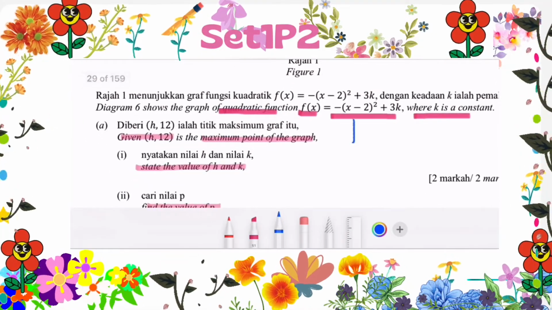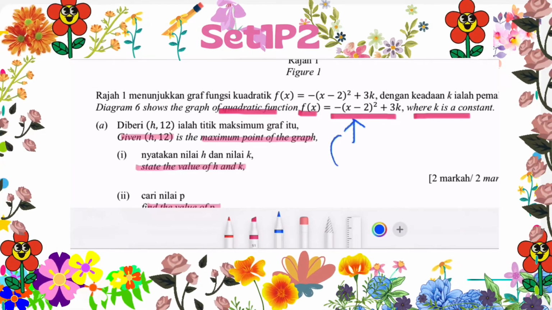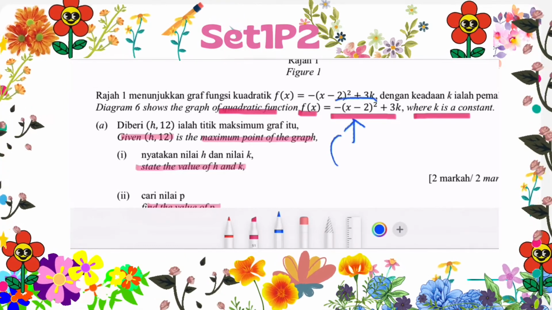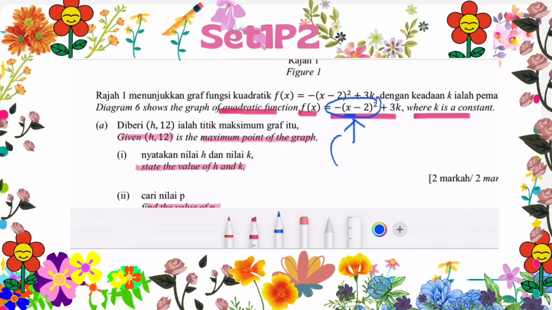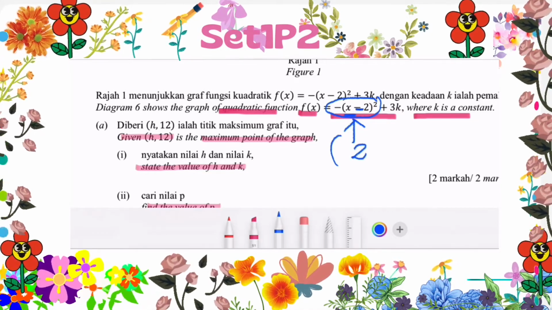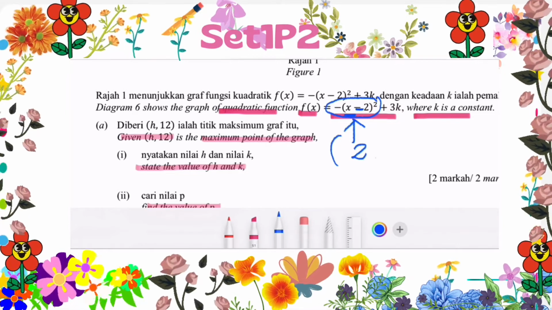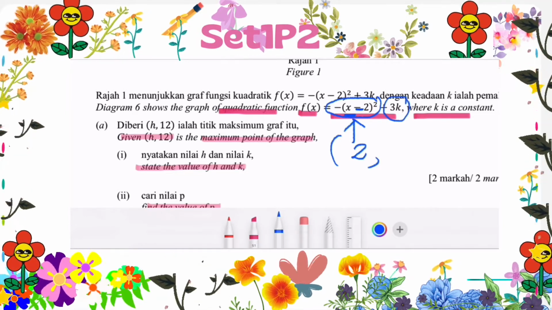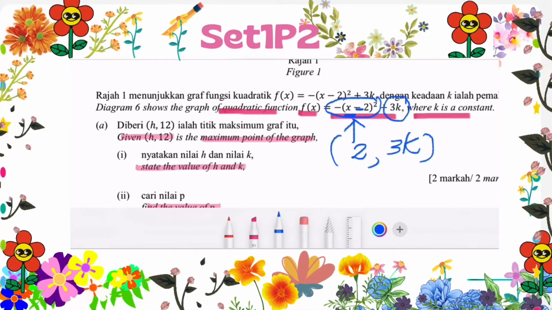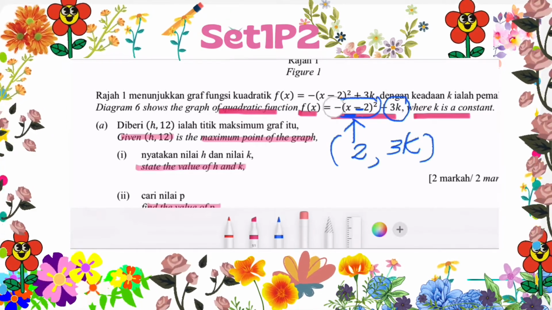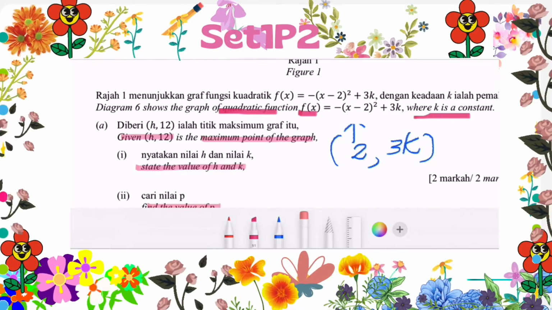Basically, when you see this one is in vertex form, you let the perfect square be 0. That means the x here will be the opposite sign. If this is negative, it will be positive too. And the value for the y you just obtain from there because it's already in perfect square form, or we call it vertex form.